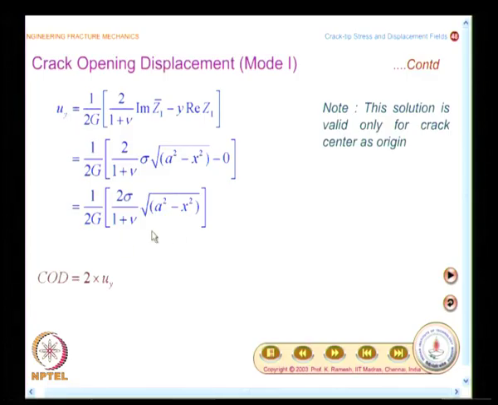You know, when you have this kind of an expression, you should always remember that this solution is valid only for crack center as origin. Otherwise, it will not carry the meaning. And from our earlier figure, we have already understood that the crack opening displacement is nothing but 2 times uy.